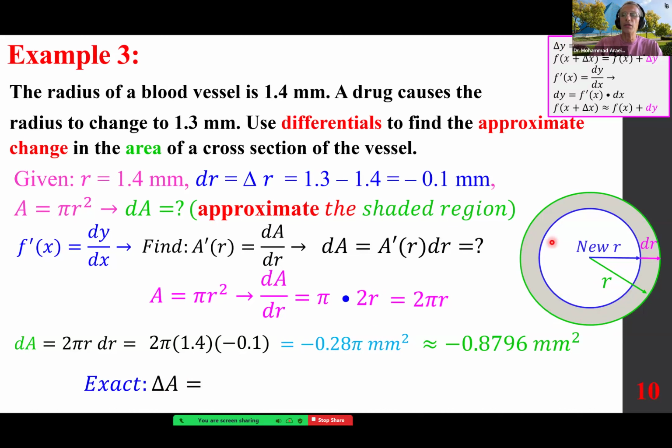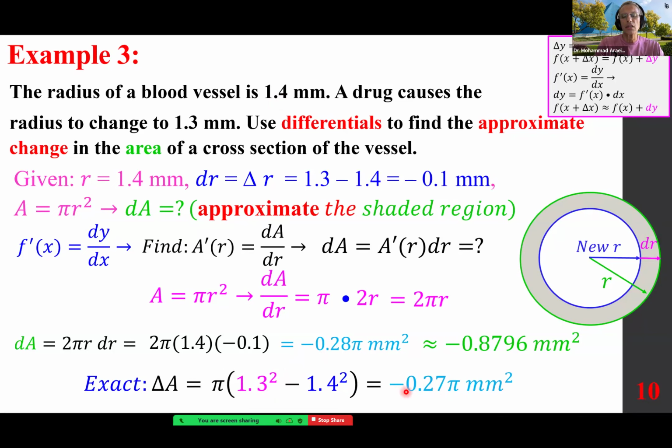So we find the area with the new r, meaning pi r squared, plug in 1.3. Then we find the old area with the radius of 1.4, pi r squared using r equals 1.4. Their difference would be the answer we are looking for as an exact answer.